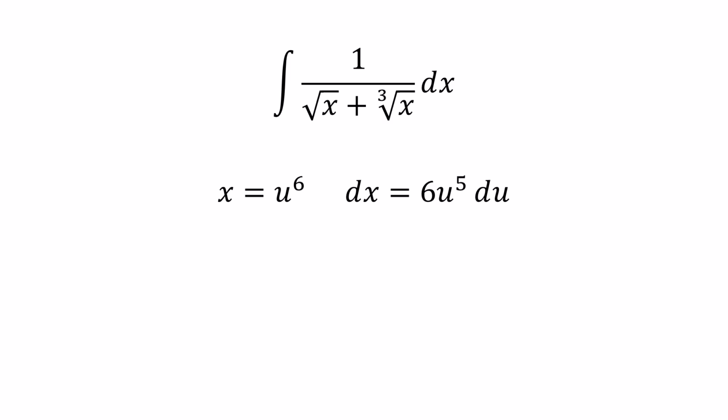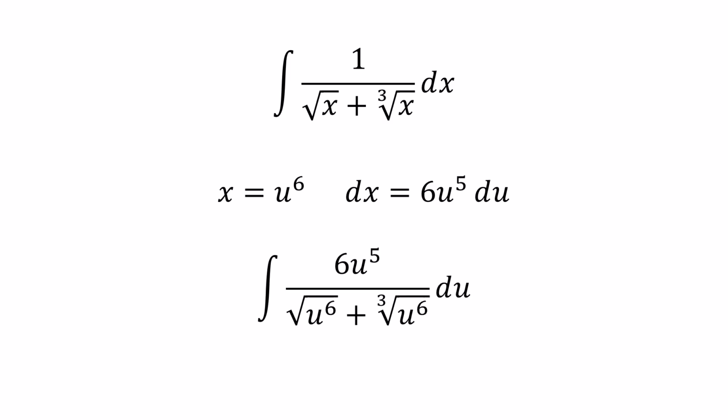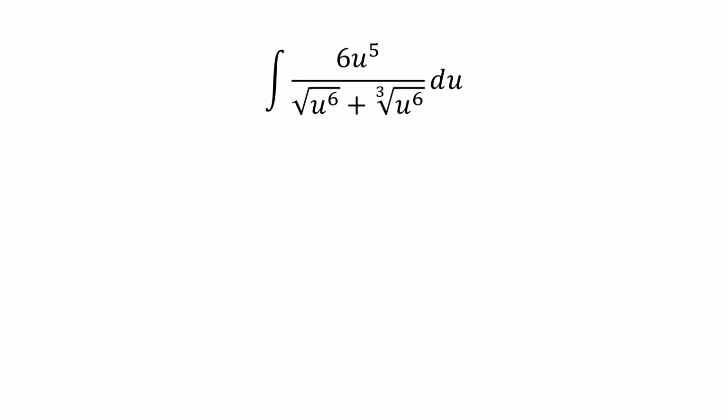Plugging into the integral then gives the integral of 6u to the 5th over the square root of u to the 6th plus the cube root of u to the 6th du.